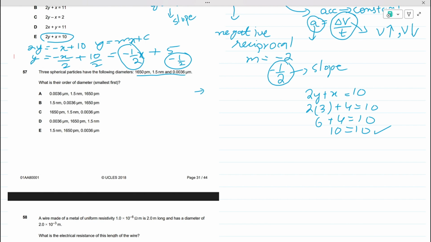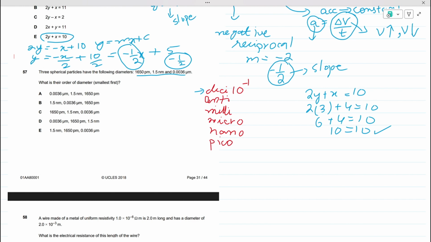If I start from deci, deci has a value of 10 power minus 1. Then we have centi, then milli, then micro, then nano, and then pico.